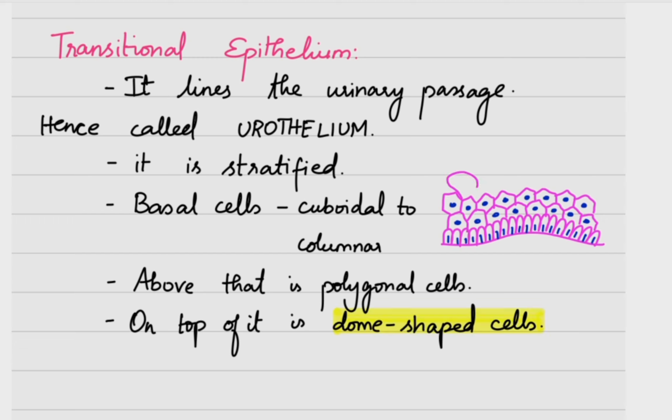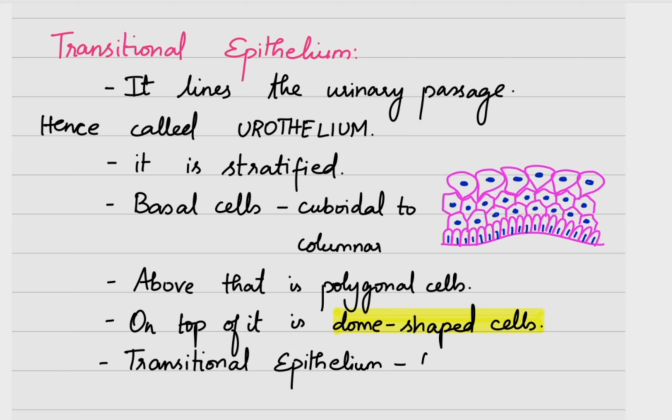This is a specific characteristic feature of transitional epithelium. These dome-shaped cells are present in the topmost layer. These dome-shaped cells will be able to change their shape and accommodate. Hence it is known as transitional epithelium.